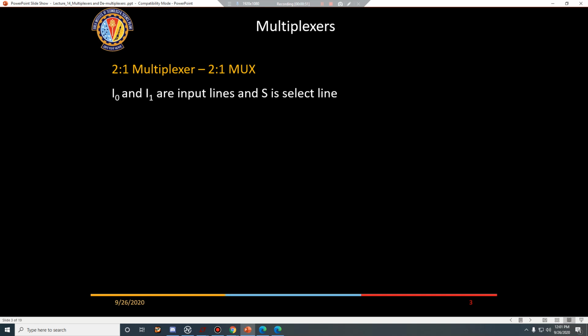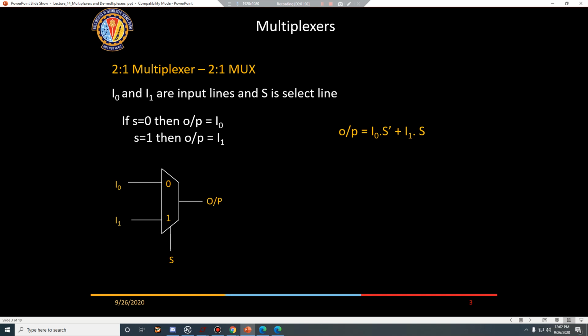So the first multiplexer is the basic, simplest building block, which is the 2 into 1 mux. What it does is there is one select line. The select line can be either 0 or 1. If it is 0, then whatever data is available in I0 will be routed to output.